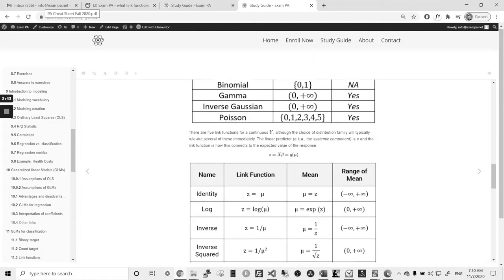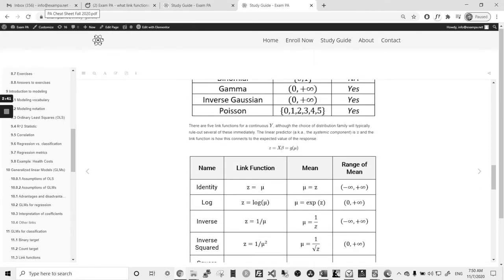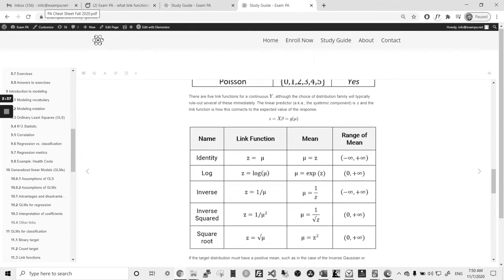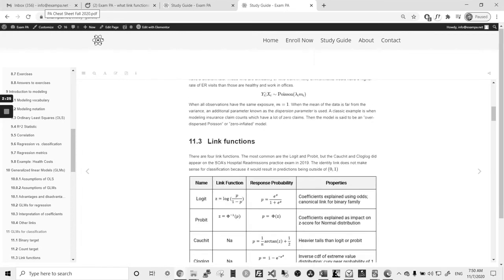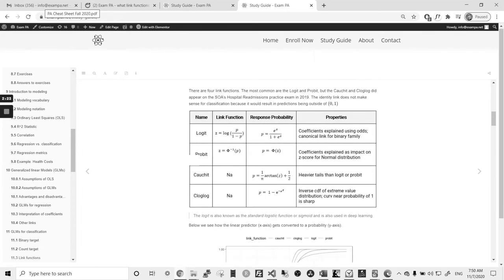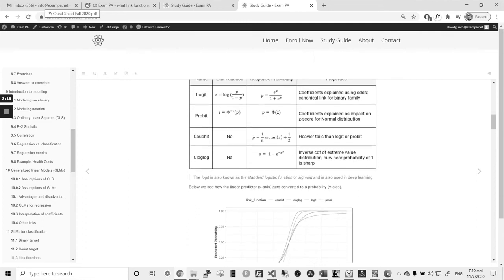Other things you want to take into mind when you're thinking about the link function are the interpretation. The log link function is always the easiest to interpret. But if you're thinking about classification problems, then you have a whole another set of link functions, the logit, probit, cloglog, and so forth. You also want to think about what's the canonical link function, right?